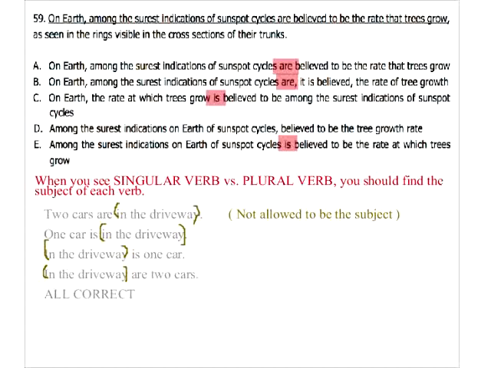So what that means is that these last 2 are reverse constructions. The subject of the 3rd sentence is 1 car, and the subject of the 4th sentence is 2 cars. Same thing, 2 cars are in the driveway, 1 car is. So if we apply that principle to what's up there, "among the surest indications" cannot be a subject.